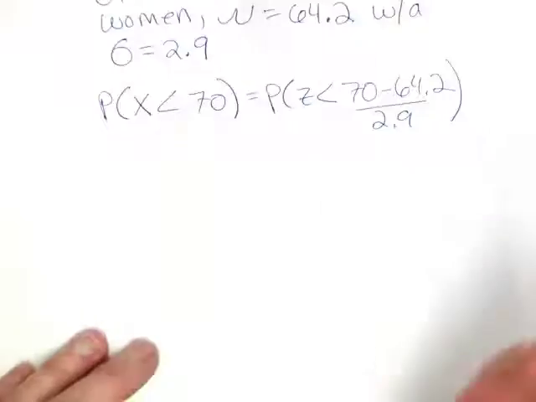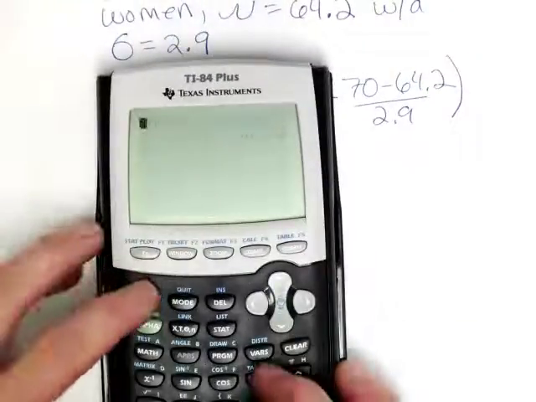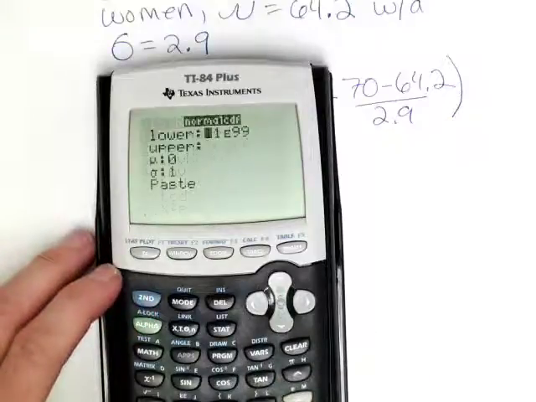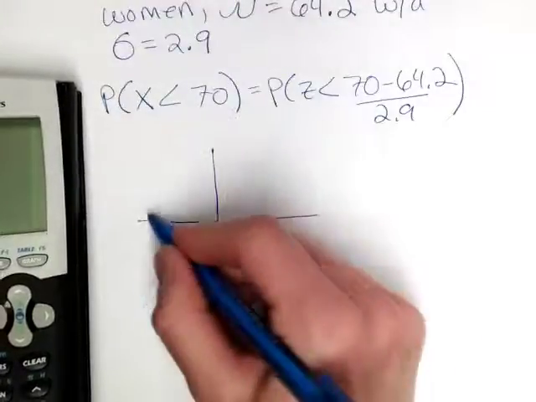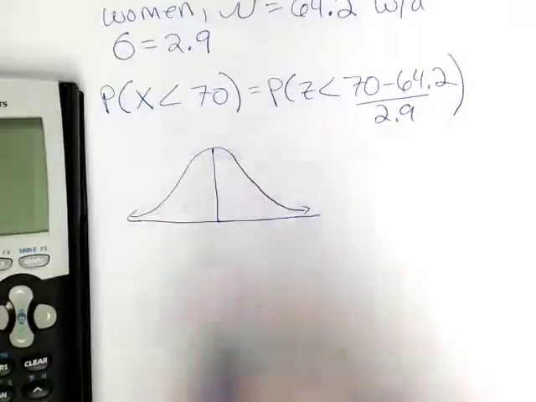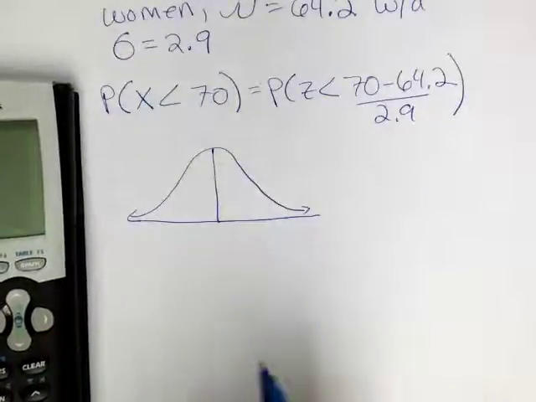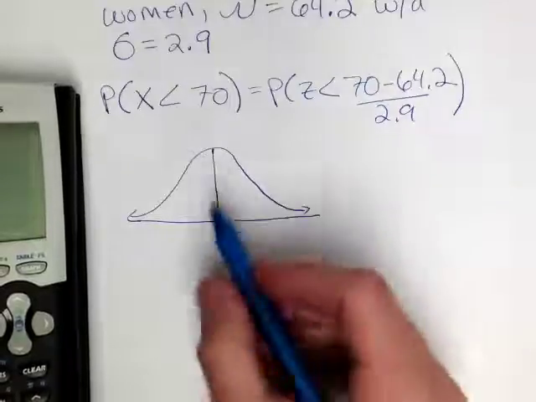So I'm going to go ahead and do that. I'm going to go to my distribution menu, select normal CDF. First I want to sketch what's being asked. This sometimes helps you figure out exactly what you're looking for, and in your lab, for example, for chapter 7 and 8, I require this part.